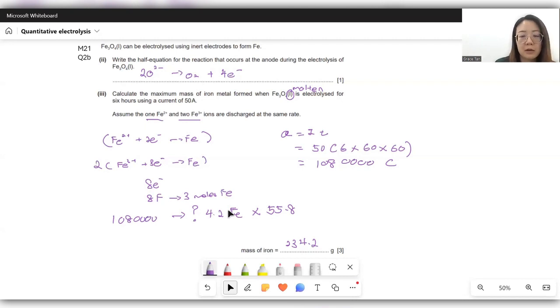If you're interested, maybe I will do another upload on calculating backwards. Let's say I give you the mass, can you calculate the oxidation number? Can you calculate the time? Can you calculate the ampere? I will leave a link in the next video.